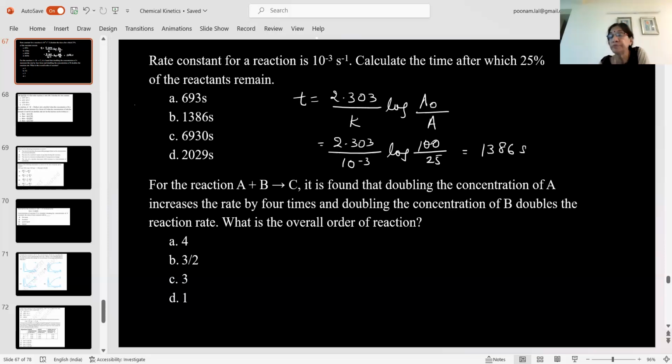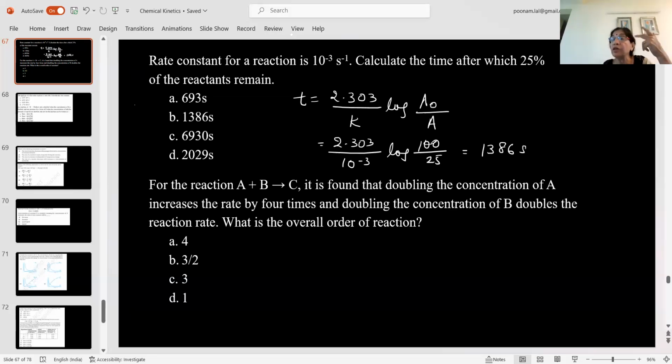Did you get it? Now the question says A plus B giving C. So when I double the concentration of A, the rate increases by 4 times, right?